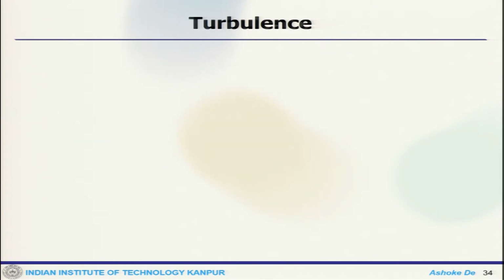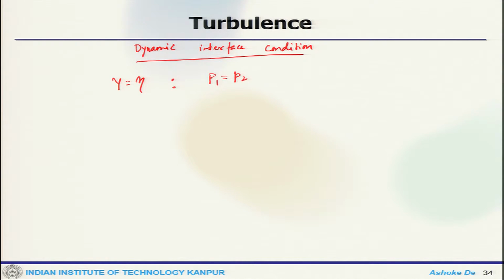Now, we will apply the third boundary condition, that is the dynamic interface condition, which says that at y = eta, p1 equals p2.